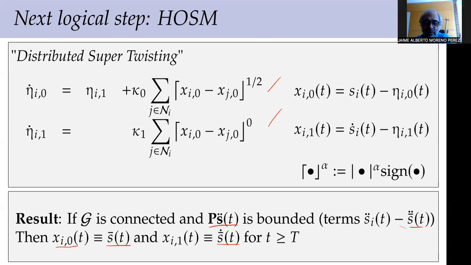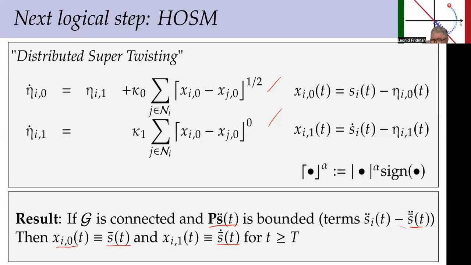So in fact, my question is, as far as I understand, the algorithm from George and Freeman is just a sign function. They do not introduce any further state. Yes, exactly. If you use the super-twisting, then you introduce an extra state, which is not in the original dynamics, and in your case, you introduce a number of extra states in order to describe, isn't it?